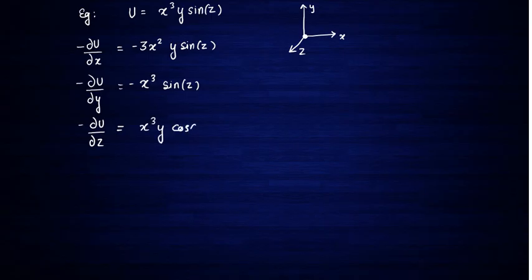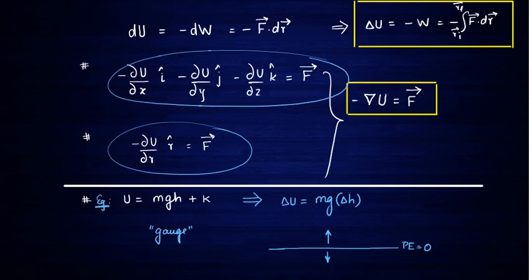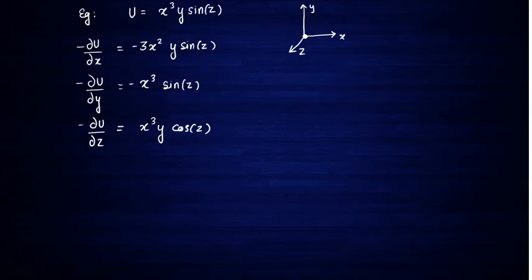cos z. So naturally the force is going to be equal to minus ∂u/∂x. We can check out the expression of force over here. This expression we are going to use. So the force is going to be equal to minus ∂u/∂x i cap. This implies this is equal to minus 3x²y sin z i cap, minus ∂u/∂y j cap.